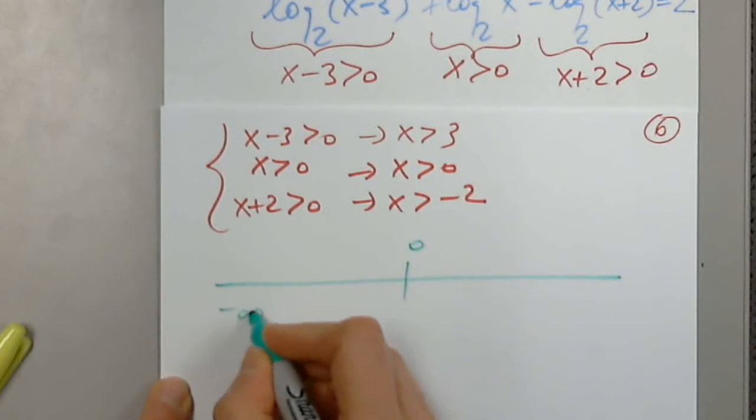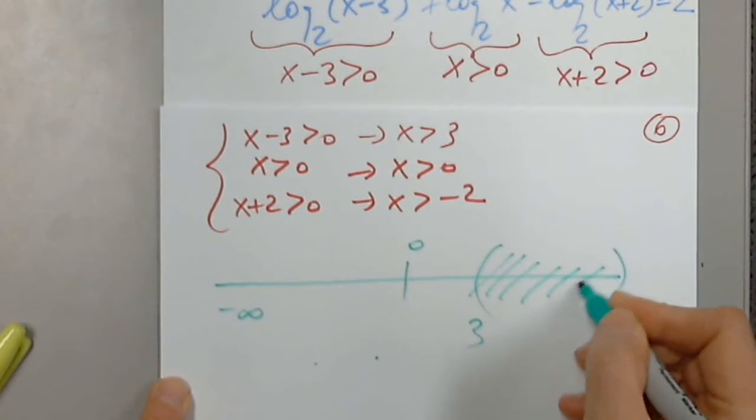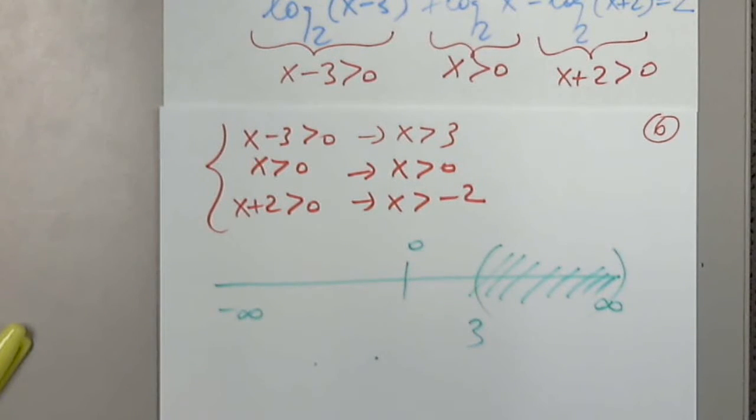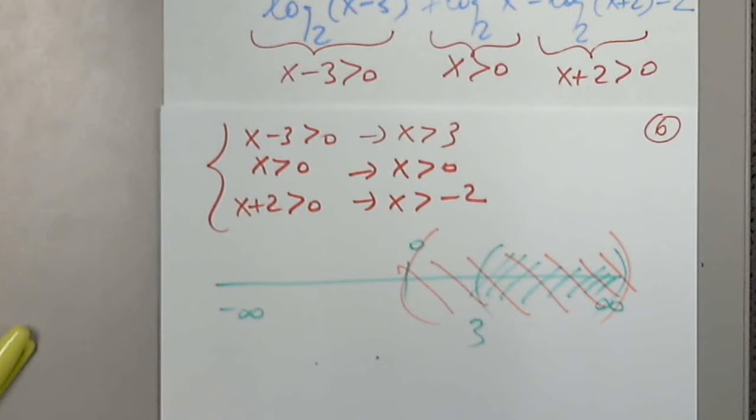Okay. Greater than 3. Greater than 0. And greater than negative 2.